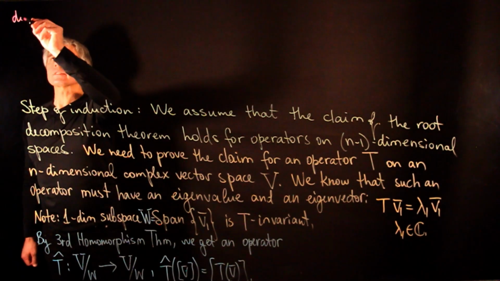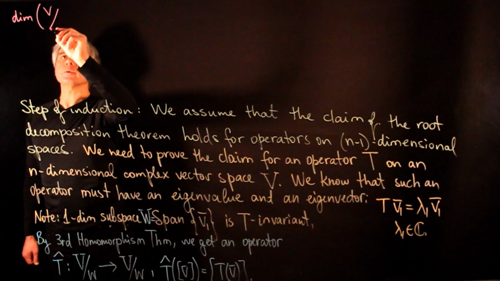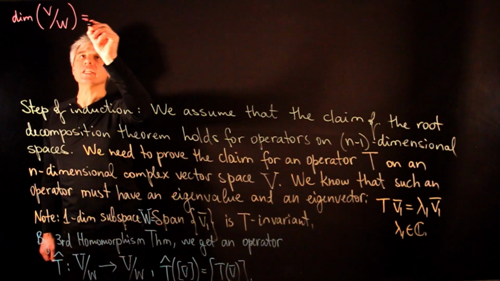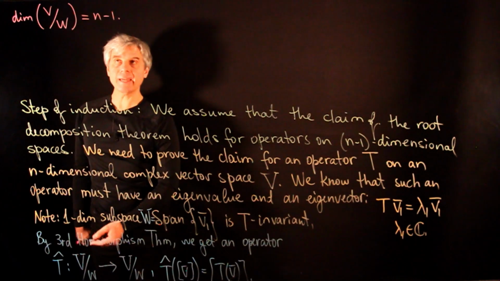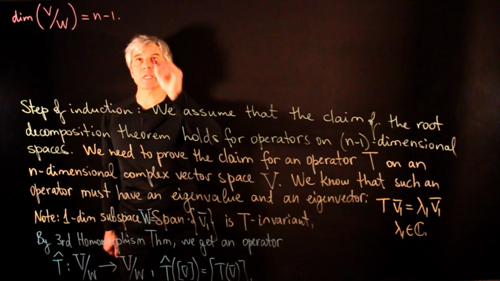The quotient space V by W has dimension n-1. And now we have an operator T hat on an n-1 dimensional space.